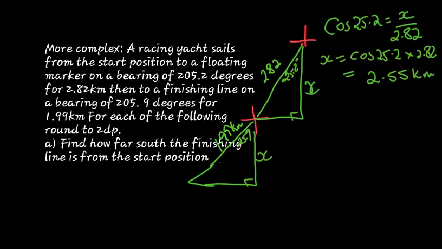And then we have to do the same for the second one. So cos 25.9 is equal to x over 1.99.